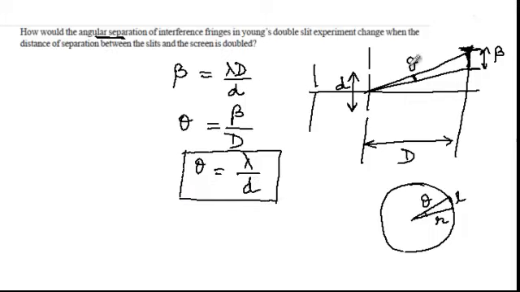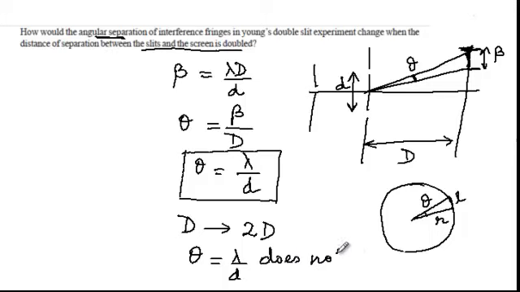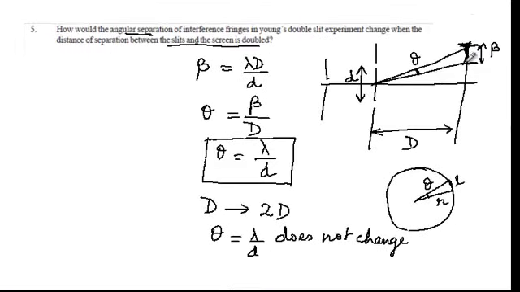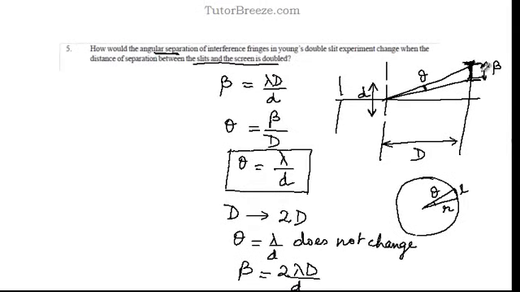Now you can see that even if we double the distance between the slits and the screen, that means if you change D to twice D, the angular separation theta, which is equal to lambda over d, remains unchanged. But the actual distance between the fringes, beta, would become double.